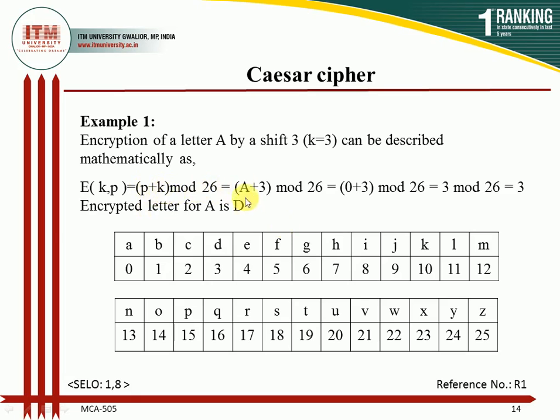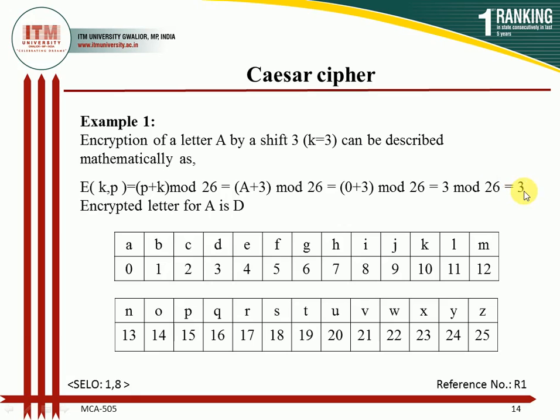Right, so (A + 3) mod 26. When we convert the alphabet to a number, A gives 0. So I am using 0 + 3 mod 26. 0 + 3 is 3, mod 26. As I already told you, the prerequisite is that you know how to calculate the mod. So 3 mod 26 gives 3.